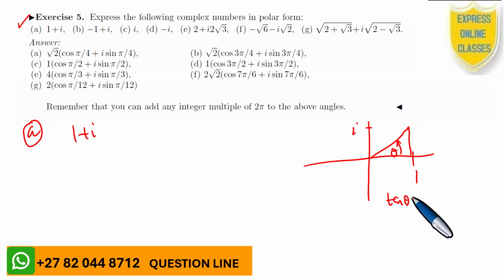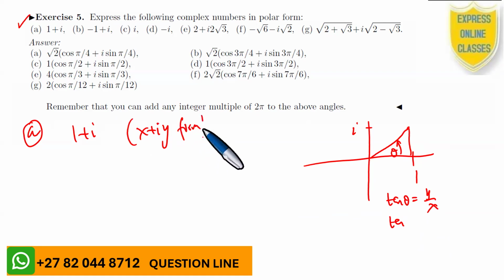We take the tan of theta, which is y over x. The number is of the form x plus iy. So the x here is 1 and the y is 1.